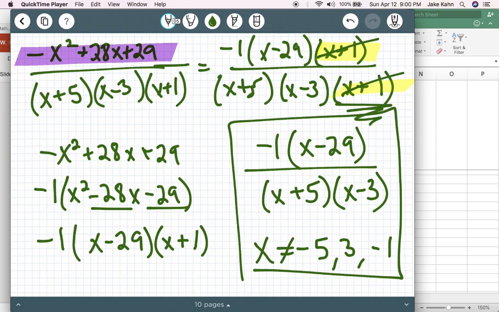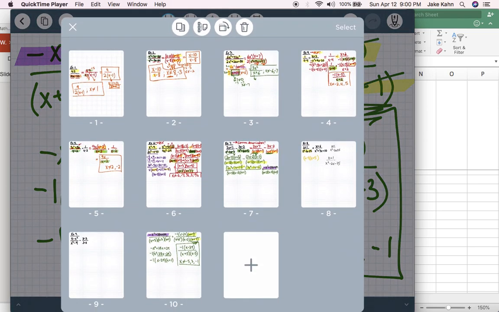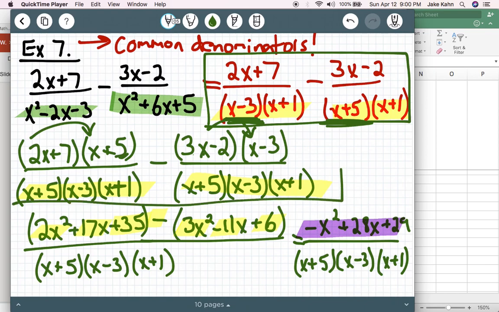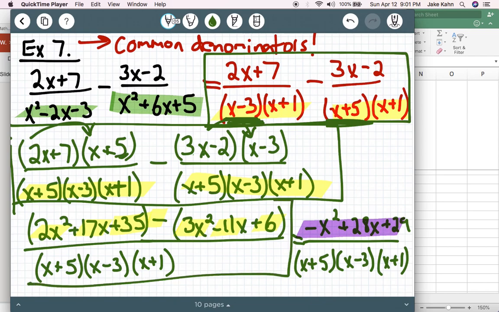To sum up here, let me go back to the start of our problem. First thing that we did is we factored everything that we could. Second thing is that we multiplied top and bottom of fractions to get common denominators. Next, when we multiplied, we actually had to do the multiplication and FOILed it out.